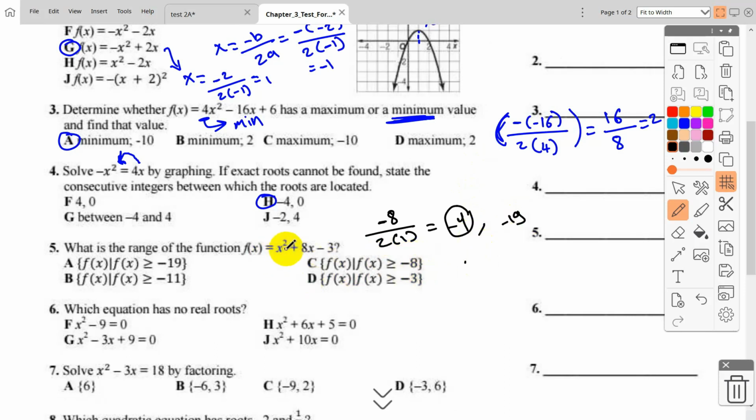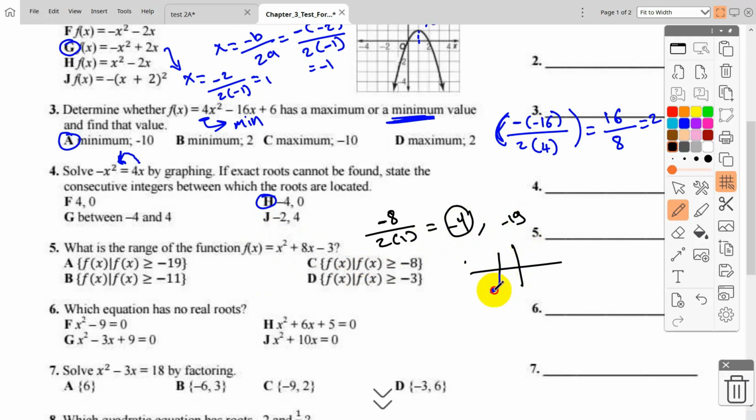So if I want to make a sketch for this graph, it will be something like this. The coefficient of x squared is positive, so it's a U shape, it's going upward. And the vertex is negative 4 and negative 19. Negative 4, negative 19 will be something like this.